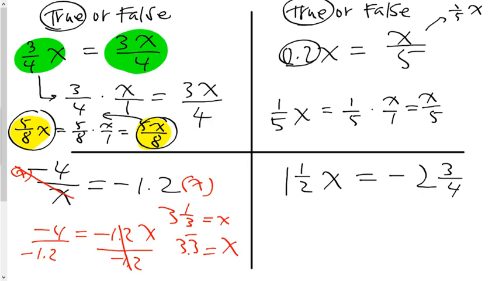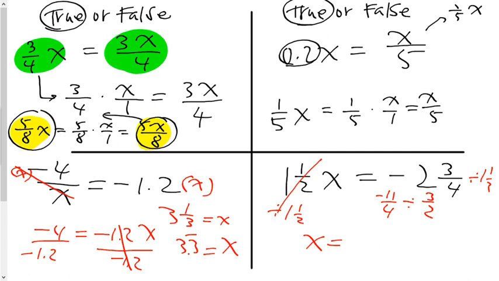And our last question, fractional coefficients. We're going to divide both sides by 1.5, because we know multiplying by 1.5 and dividing by 1.5 are opposite operations. We're going to think of this as an improper fraction. So negative 2 3/4 is really negative 11/4, divided by 1.5, which is 3/2.